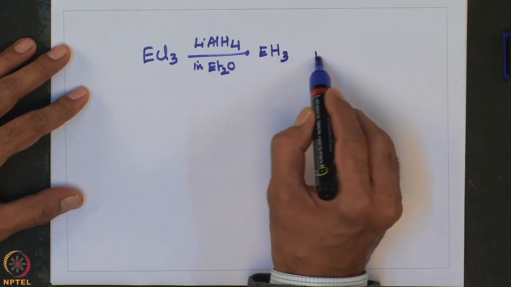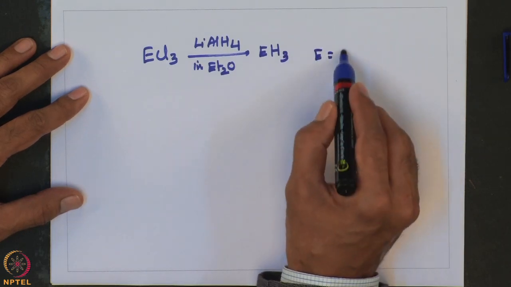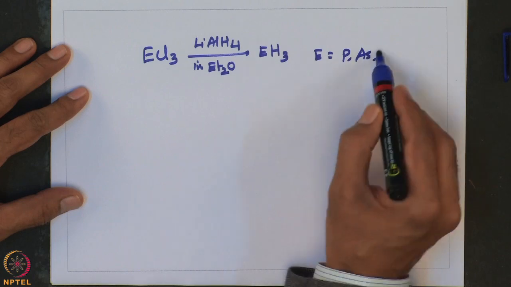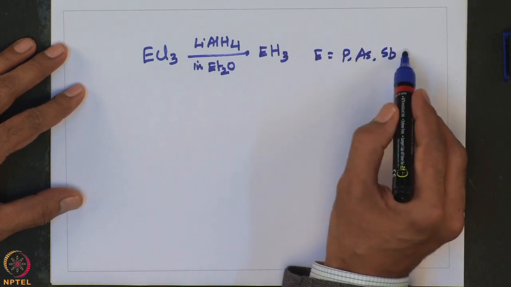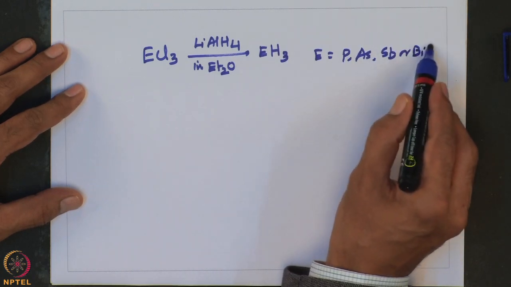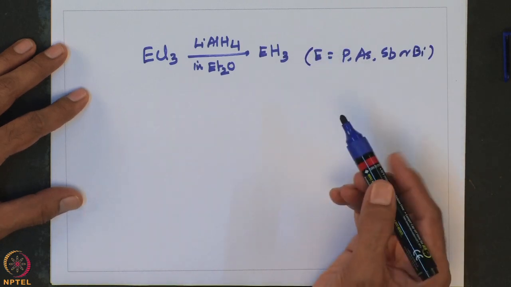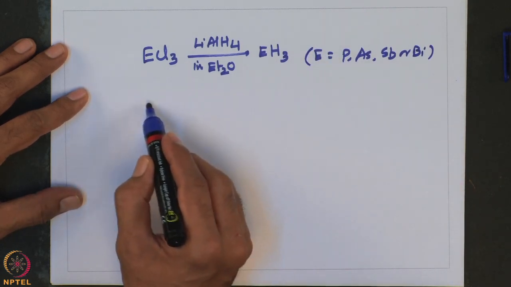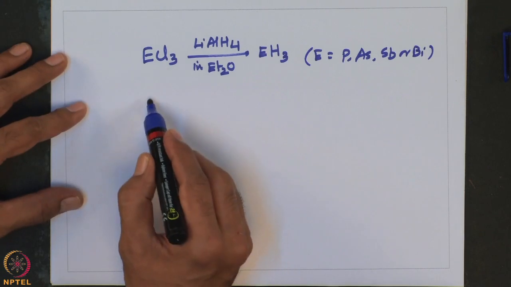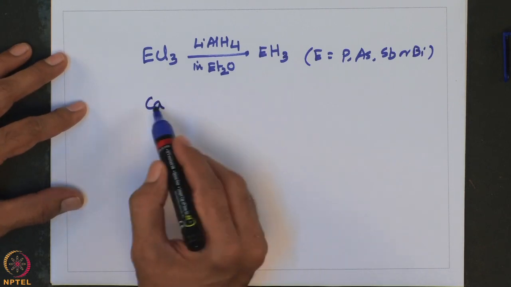So, here E is essentially phosphorus, arsenic, antimony or bismuth. And also in case of phosphine, calcium phosphide can also be hydrolyzed.